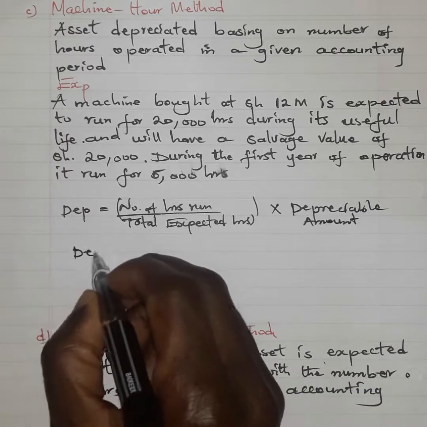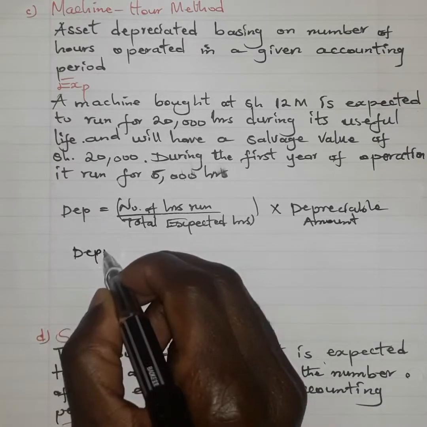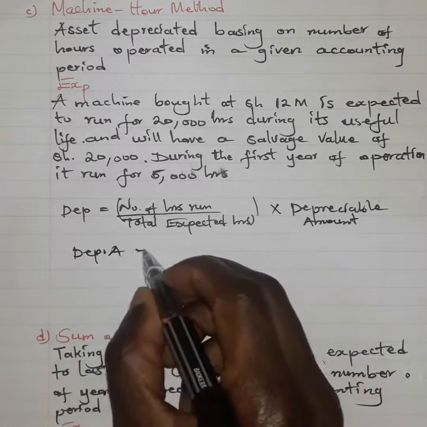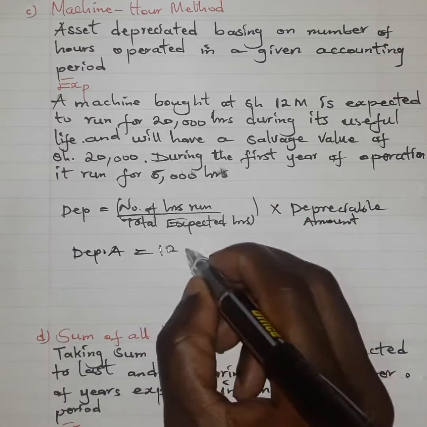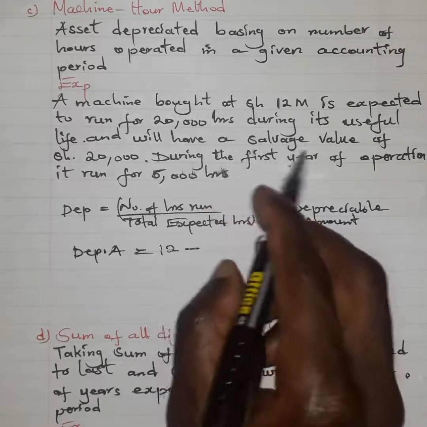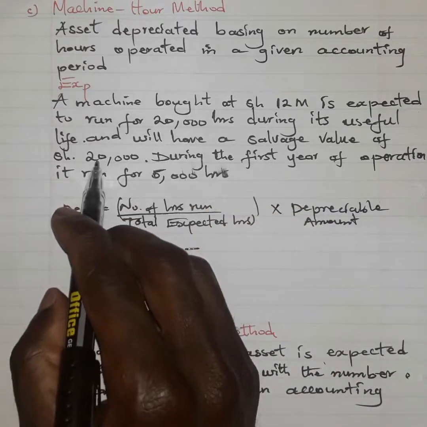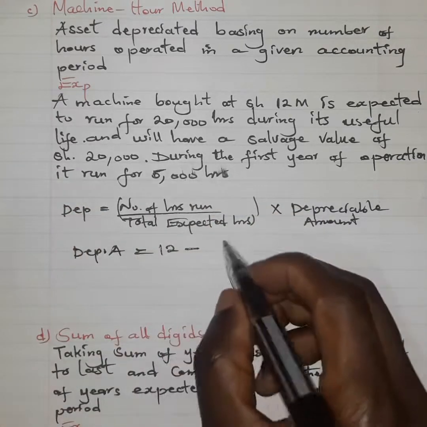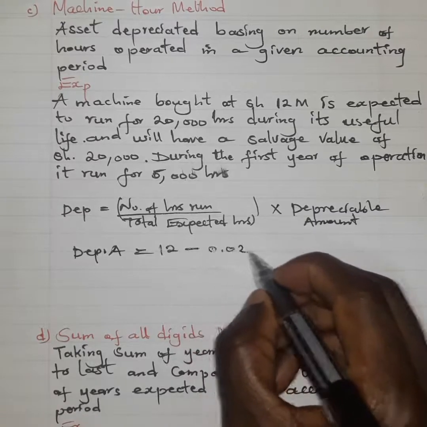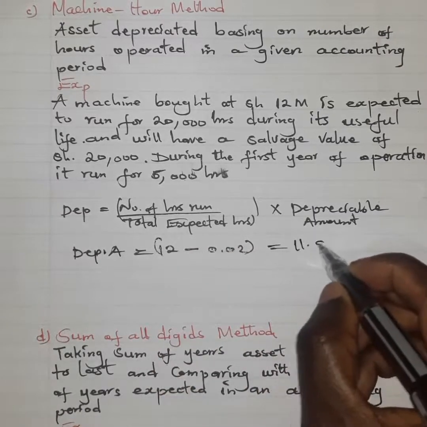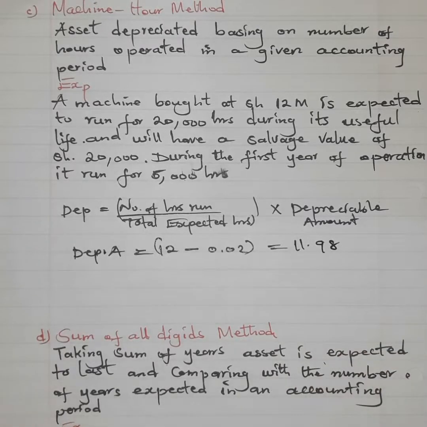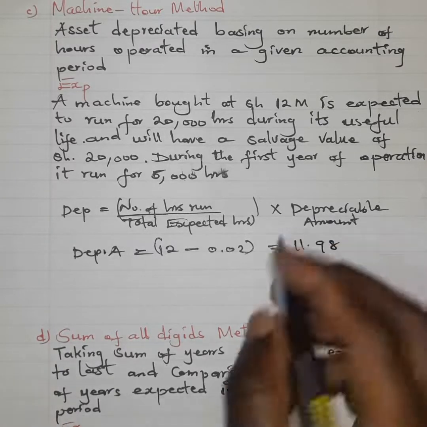The depreciable amount is the cost of this asset, which is 12 million, minus what remains at the end. 20,000 is 0.02 million. We get a value of 11.98. That is the depreciable amount.